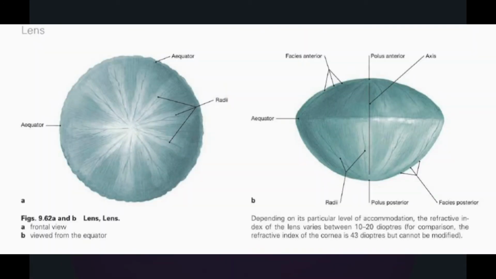Because of the lens, the anterior surface of the vitreous humor has a deep concavity, the hyaloid fossa, in which the lens sits. There is the place where the lens sits.